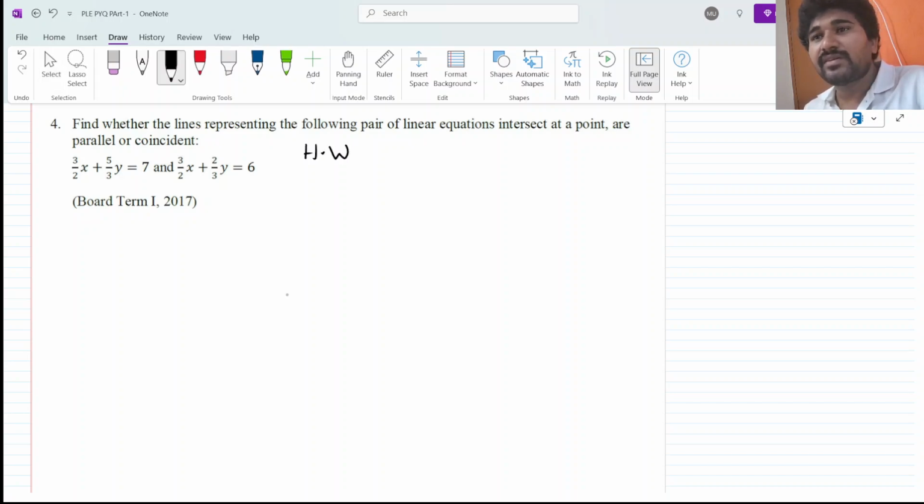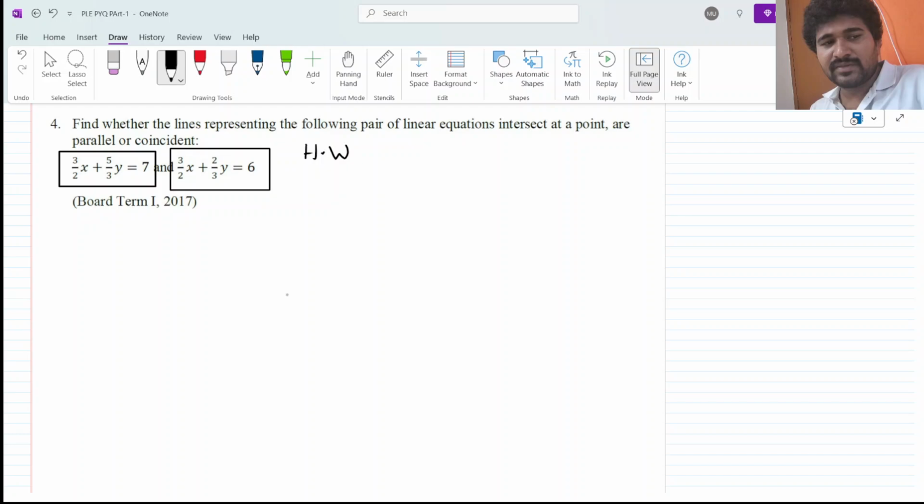Write down the question. It was told that if there are options like parallel, we can write inconsistent, right? For this kind of question, if it comes as parallel, do you write parallel or inconsistent?